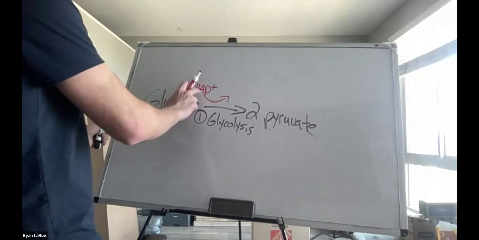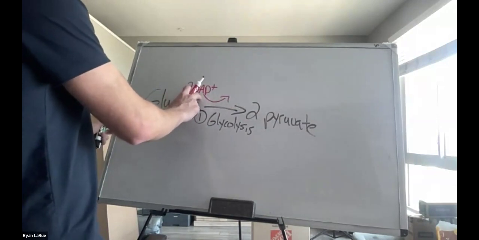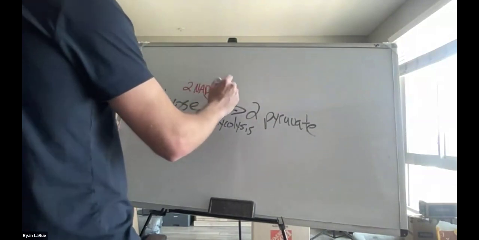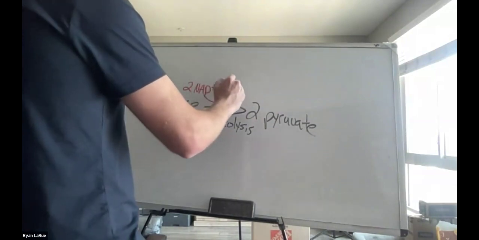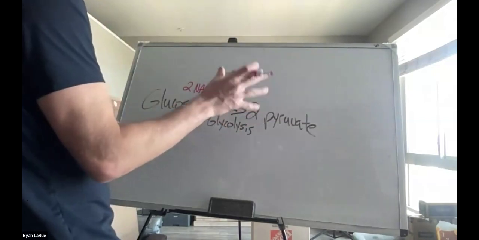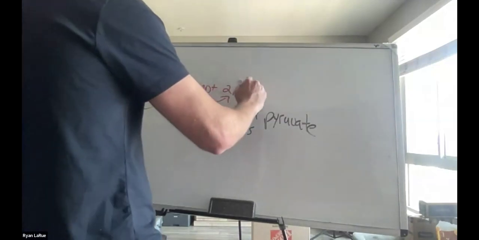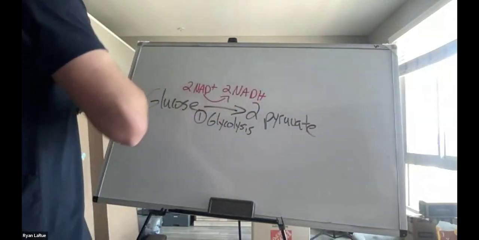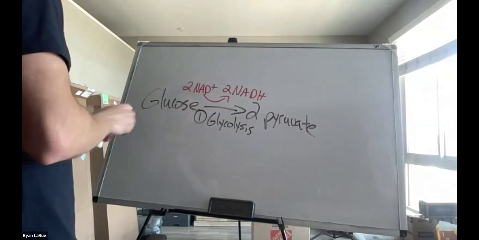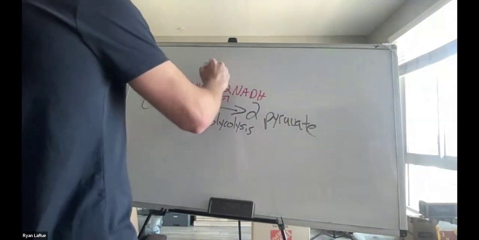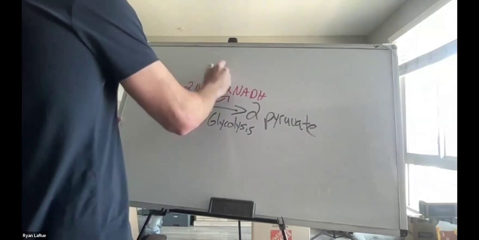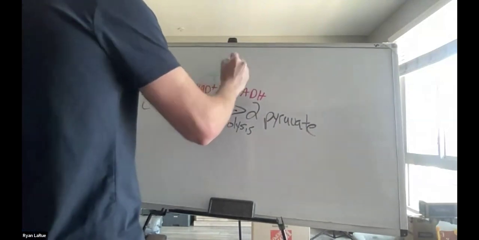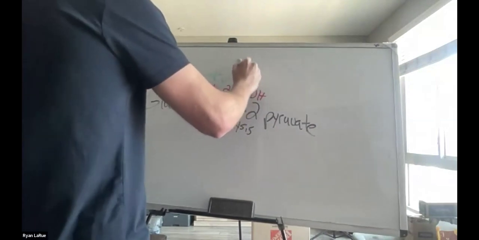The point is that 2 come in and are converted. They take on 2 electrons and a hydrogen ion each to form 2 NADHs. Okay. You also get 2 ATP.